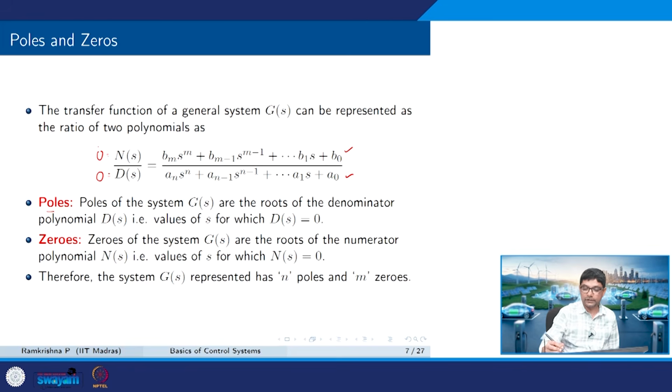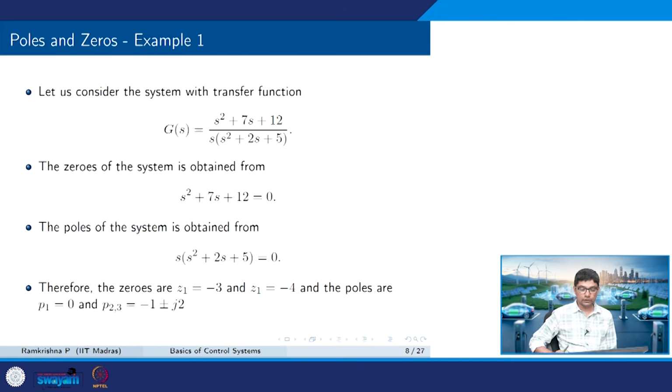So, in a configuration like this, the system will have m zeros and n poles. And for the system to be well posed, the number of zeros must always be less than or equal to the number of poles. Okay. Now, a very simple illustration.